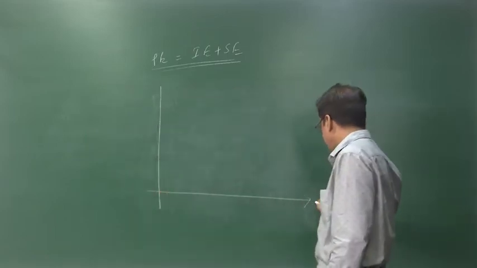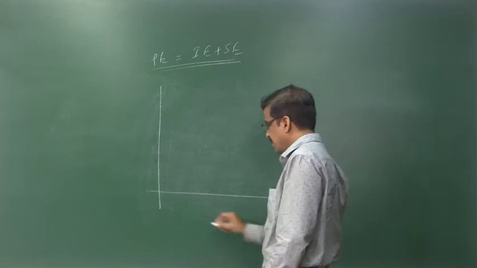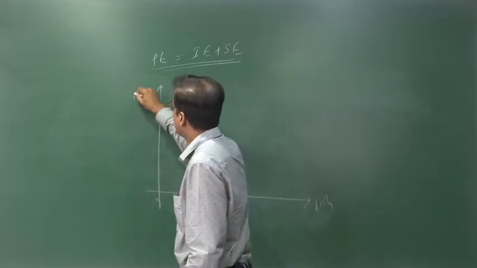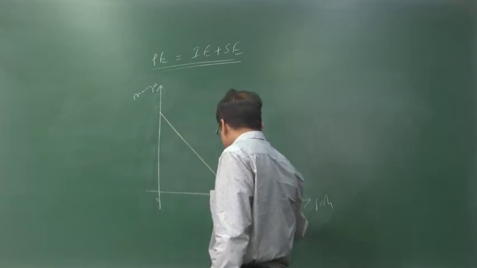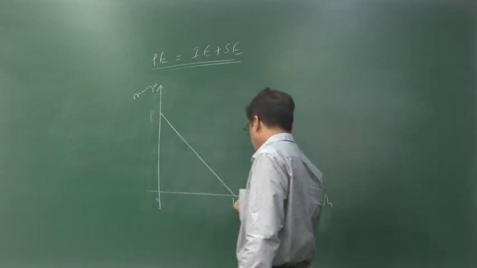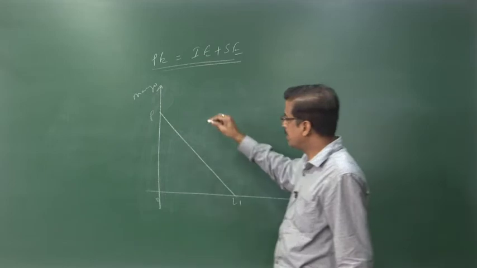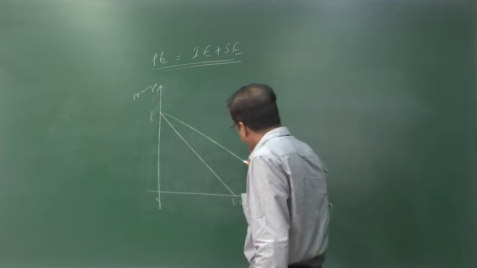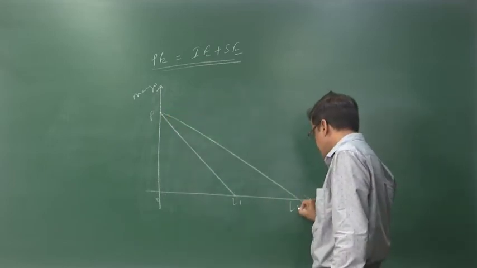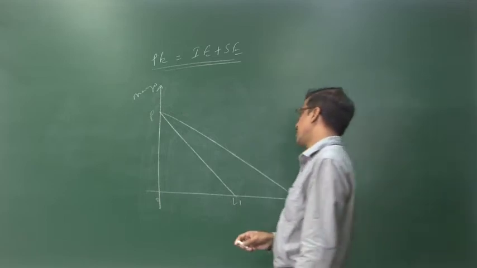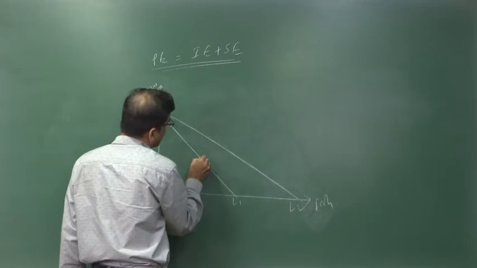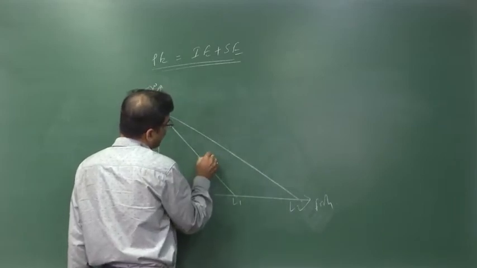Here this side is to be your mango. Initially the price line is PL1. Now when the price of X falls, I mean the price of fish falls, the consumer moves from PL1 to PL2, and initially the consumer is in equilibrium at the point E1.